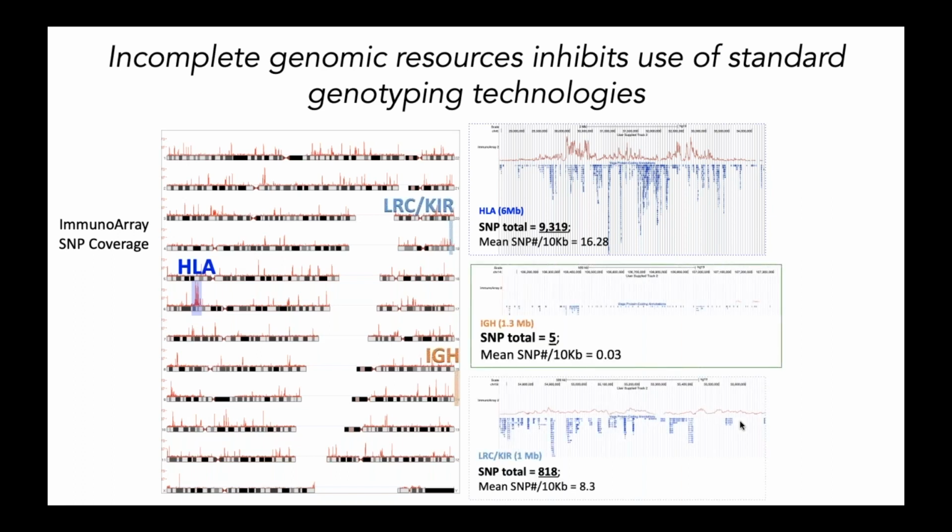And what we see is quite crazy, I think. Basically, in HLA, we see something around 9,000 SNPs covering the locus. In IGH, we see 5. This is obviously not going to do much good at all when you consider the fact that even between two haplotypes, we can see thousands of SNPs between them. So 5 is obviously not going to represent the locus very well.